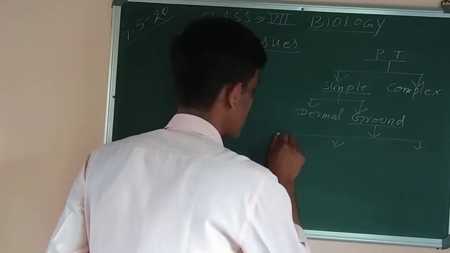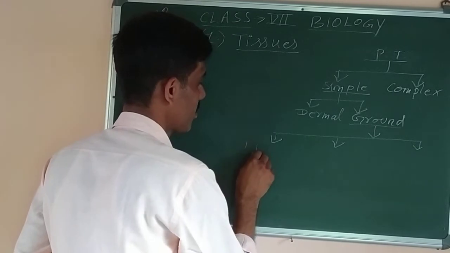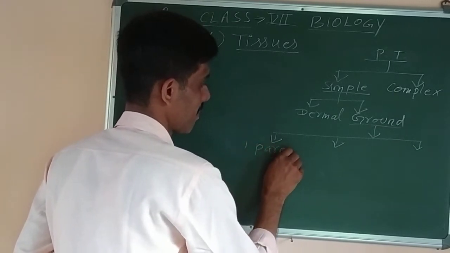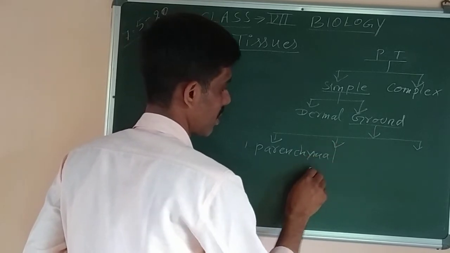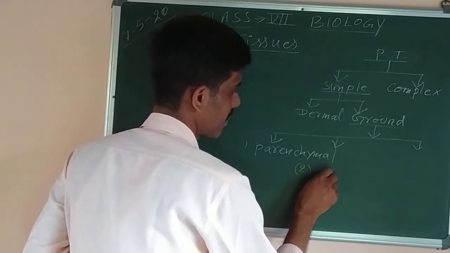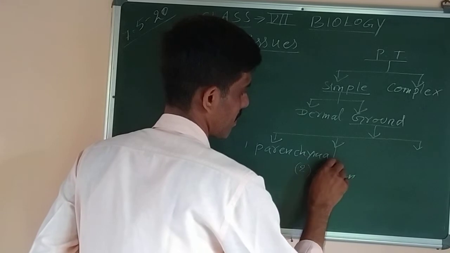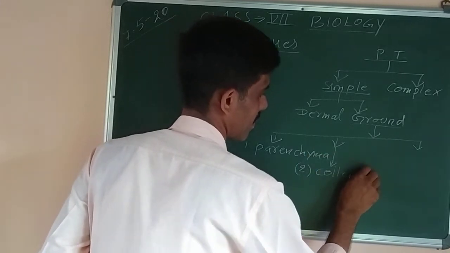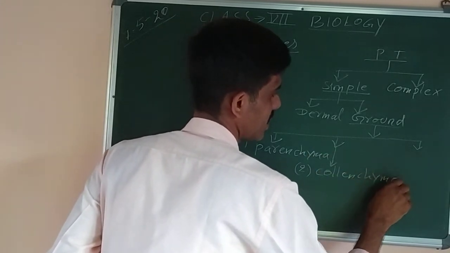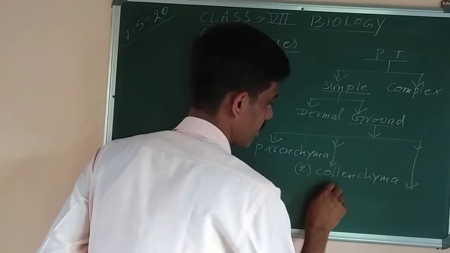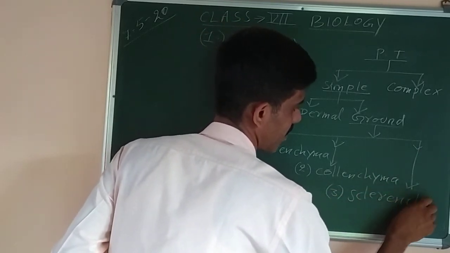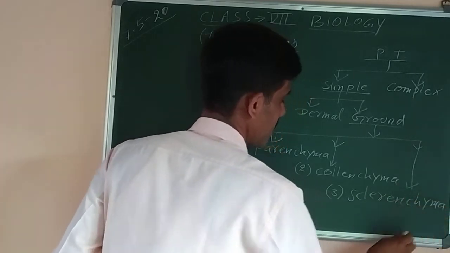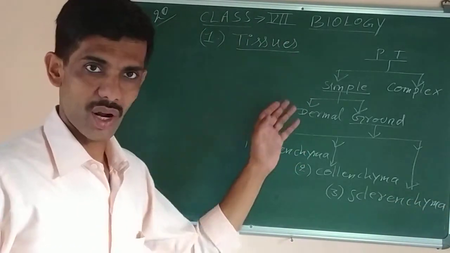The three types of ground tissues are number one, parenchyma, number two, collenchyma, and the third one is sclerenchyma. Parenchyma, collenchyma and sclerenchyma. These are the three types of ground tissues.